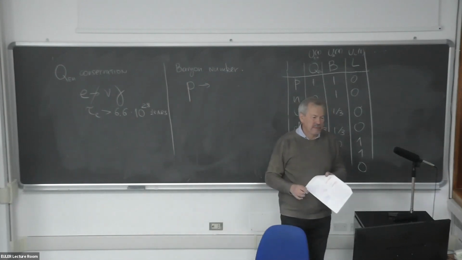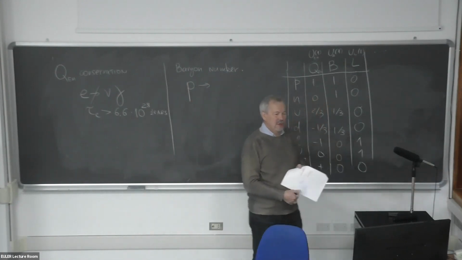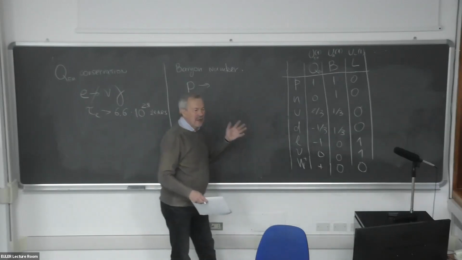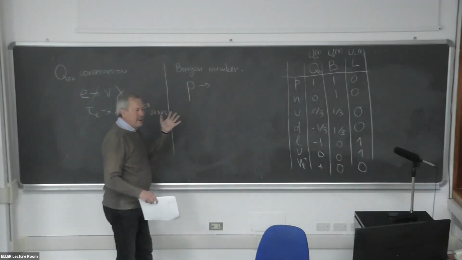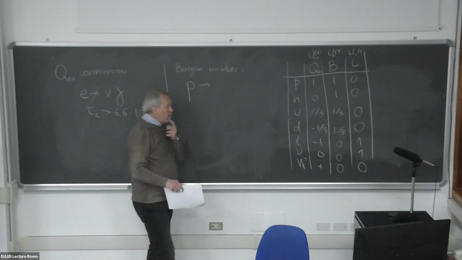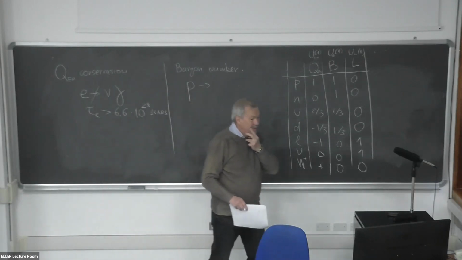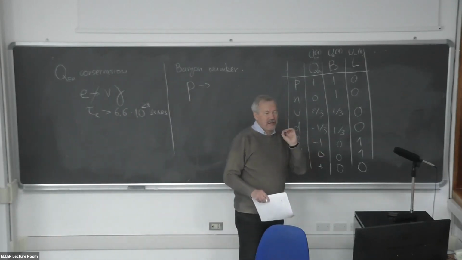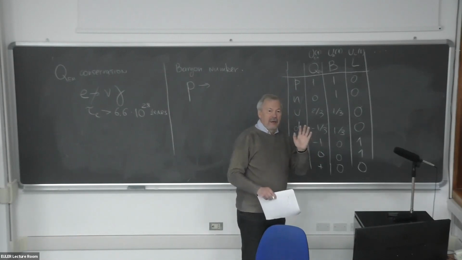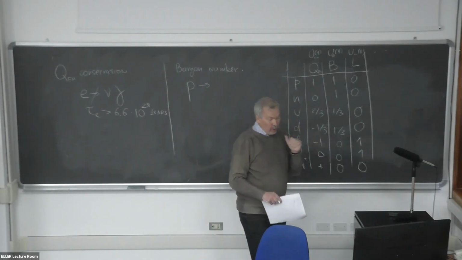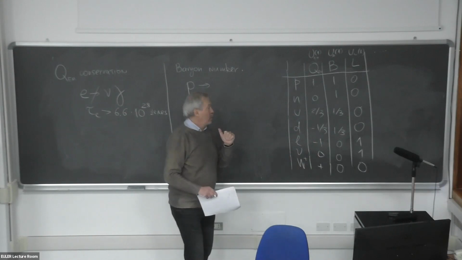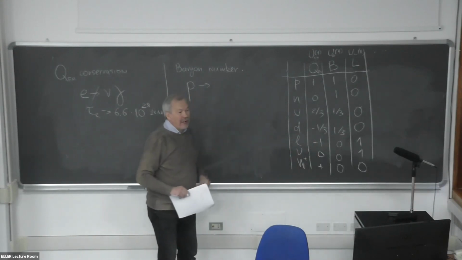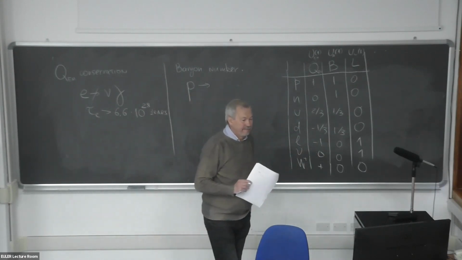Suppose baryon number is violated. Can you suggest some modes of decay? How can the proton decay? Suppose we have electric charge conservation, we have conservation of angular momentum, but not baryon number. Then which kind of final state can you suggest?